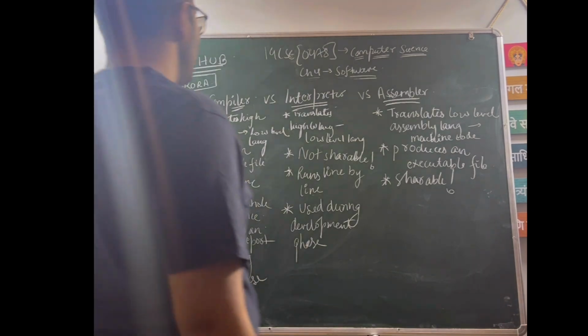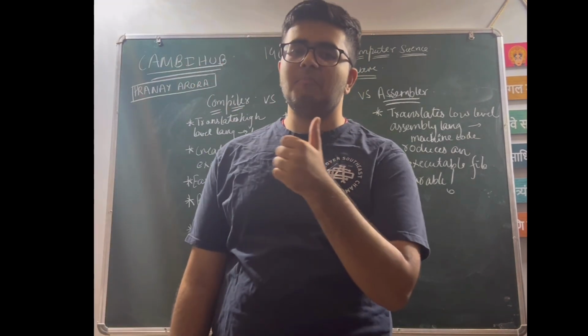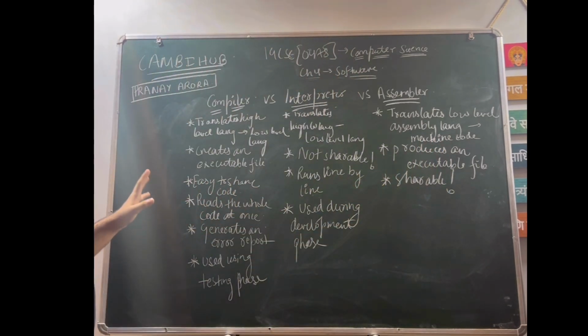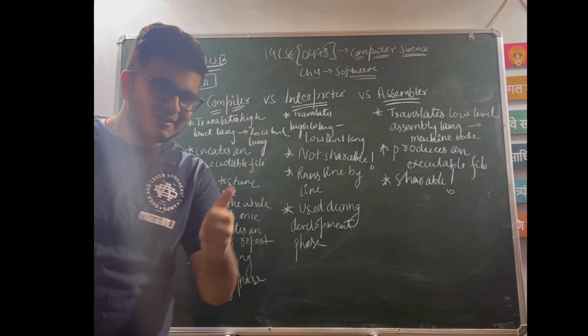Moving on to the next topic, which is understanding the difference between and the features of a compiler, interpreter and assembler. We all know compiler and interpreter. Okay, we don't know. Let me tell you this.